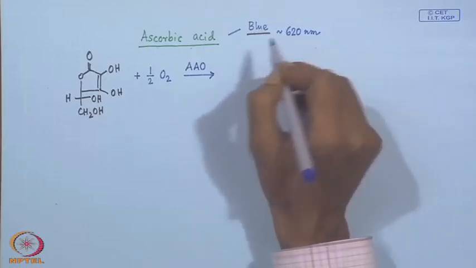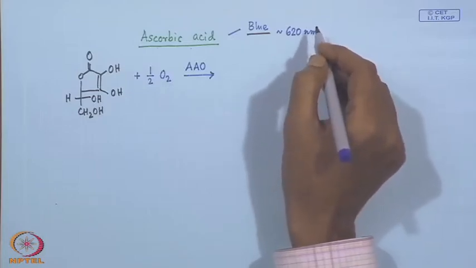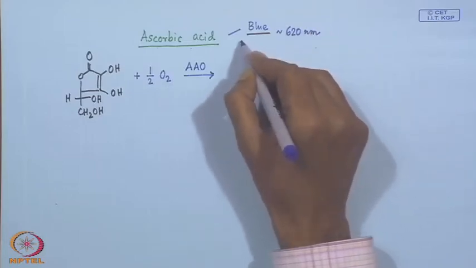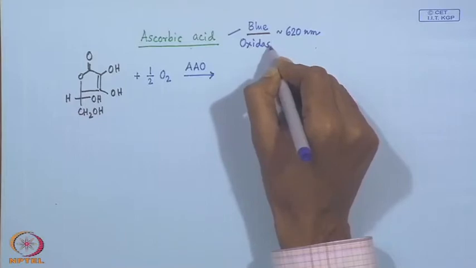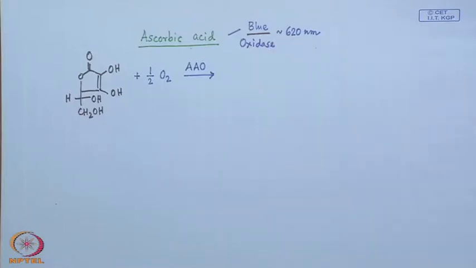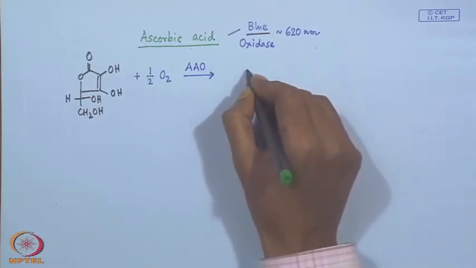So, when the color is there, that means at least one type 1 copper center is present, and we also call it a blue oxidase due to its color. So, it is a multicopper oxidase which is also a blue copper oxidase, because it has color and a type 1 copper center present.